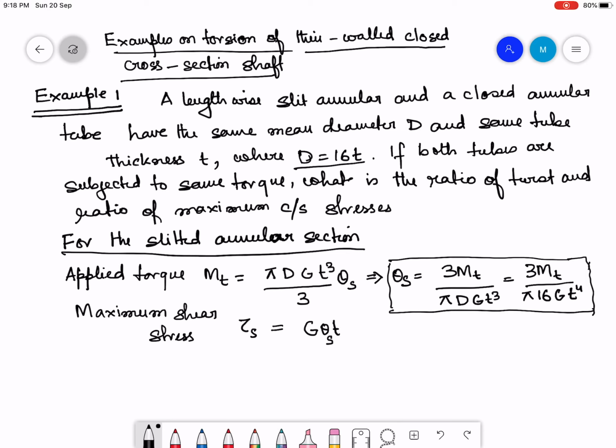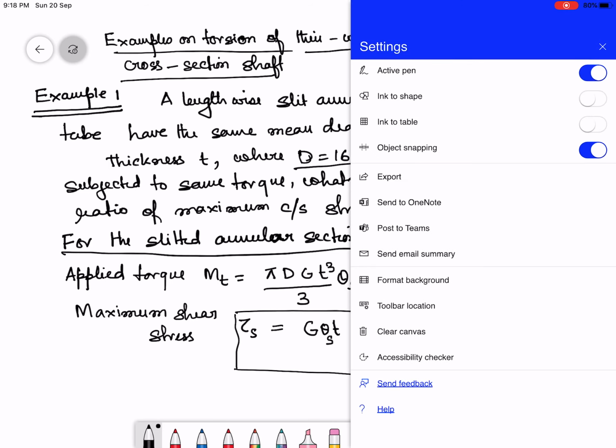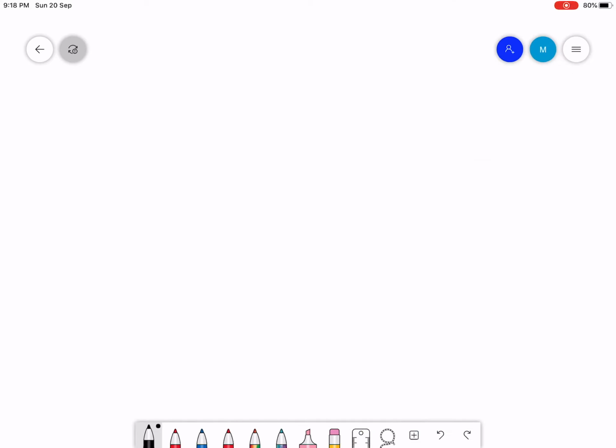So I write this as 3 mt by 16 pi t cube. Right, so this is the maximum shear stress for the slitted cross section, in terms of the applied torque mt.